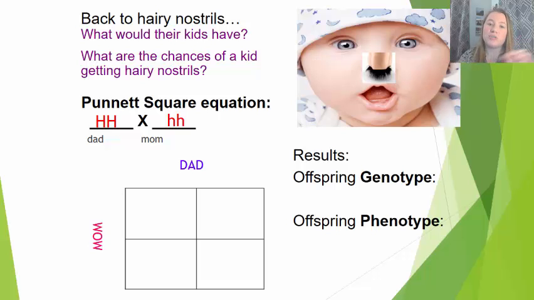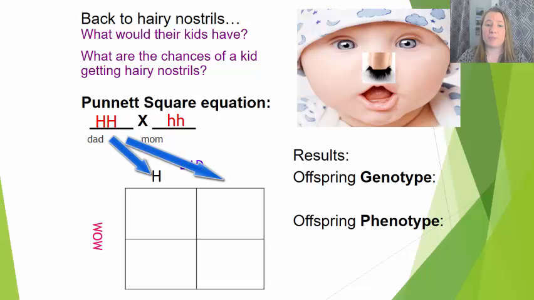Then we put those genotypes around the outside of the Punnett square. So each letter is above its own column or next to its own row. I always put the dad genotypes across the top of the Punnett square and the mom along the left side. Honestly, it doesn't make much of a difference. It just makes it look pretty for me.